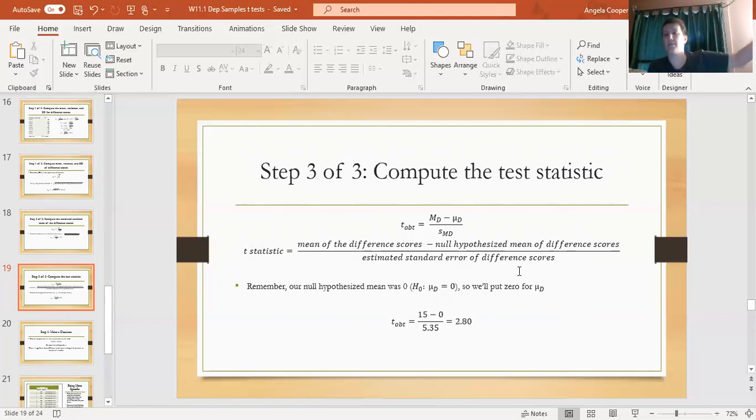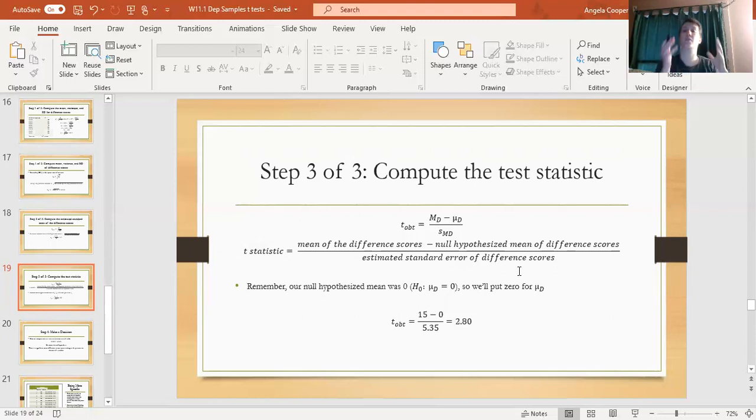Remember that we calculated the mean, variance, and standard deviation back in step 1. Here's the mean. Now we need that again. We calculated the null hypothesized mean of difference scores. That's already set, because the null hypothesized mean for difference scores for dependent samples t-tests never changes. It's always equal to 0.